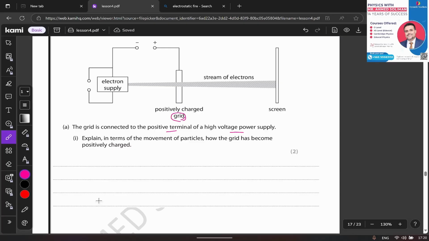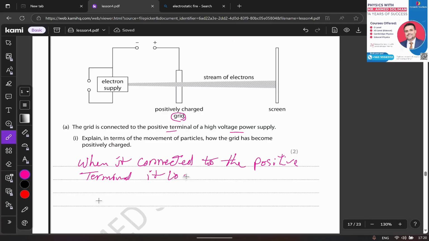It loses electrons. Yes, so when it's connected to the positive terminal, it lost electrons, so it becomes what?